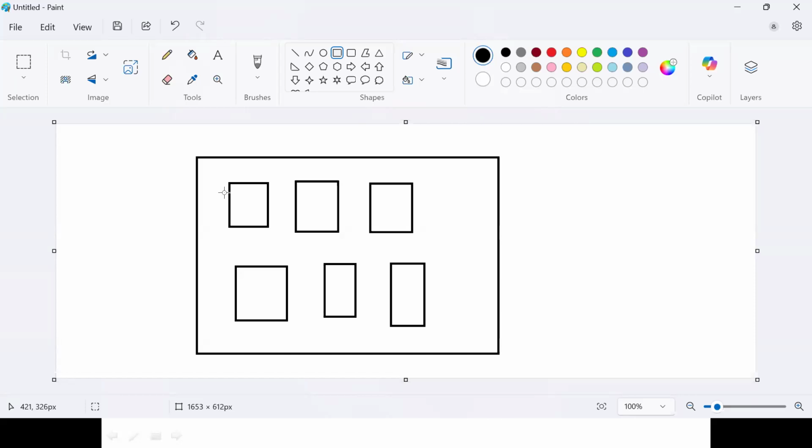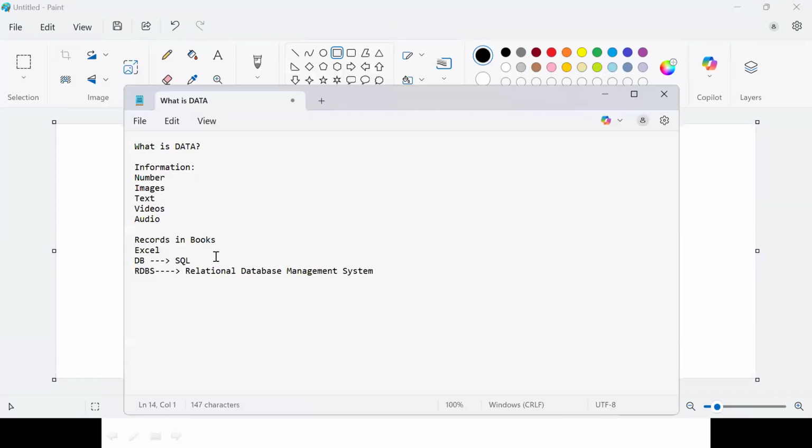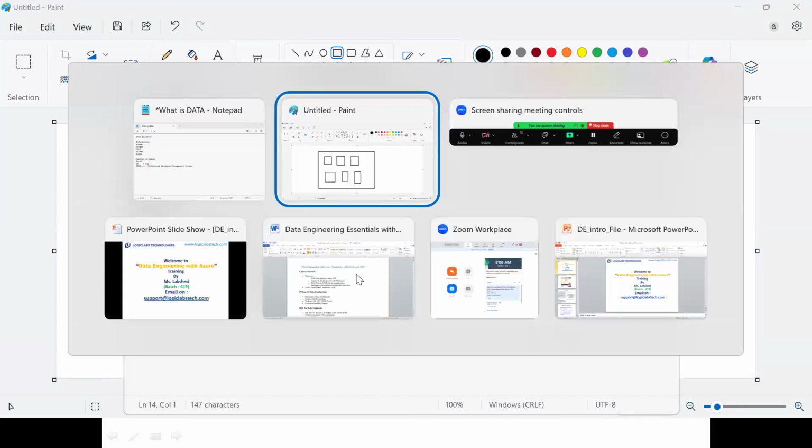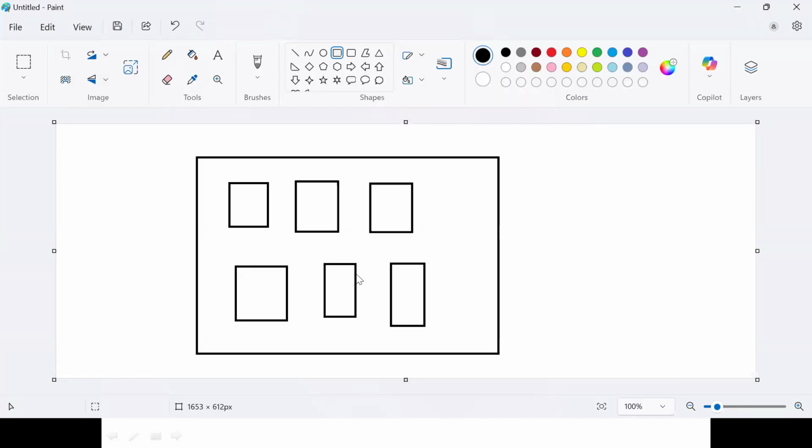Then within the database, we are going to have tables. Instead of one table, there will be multiple tables, maintained with the help of relationships.